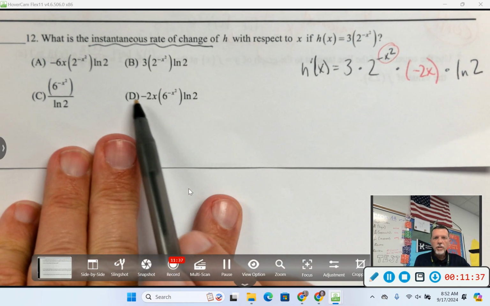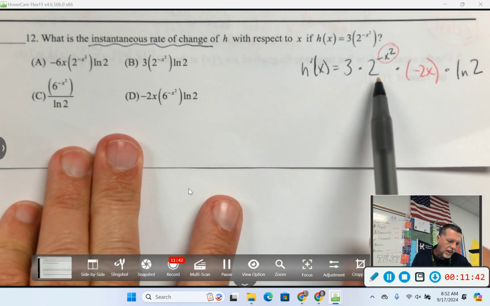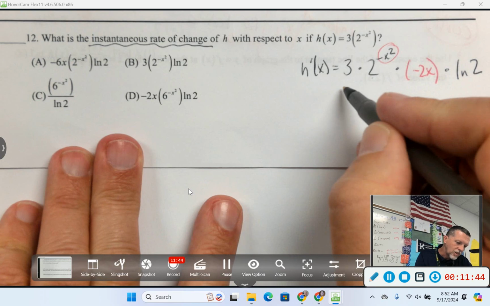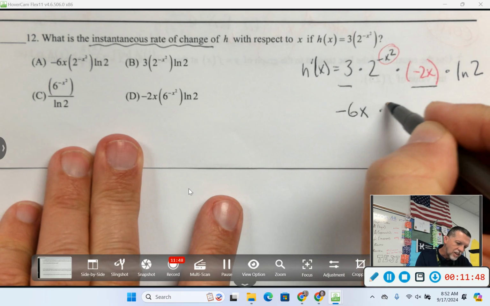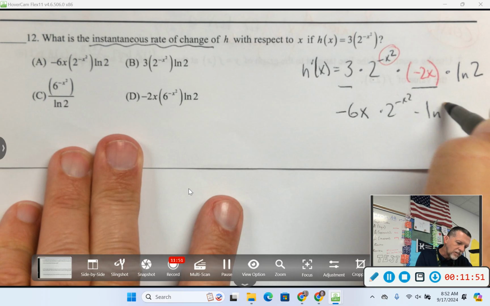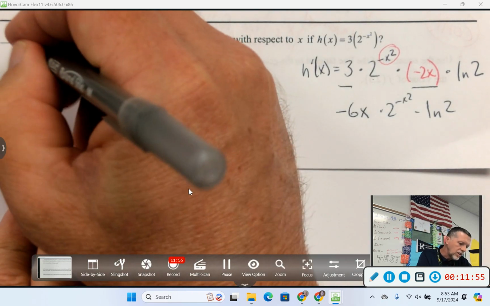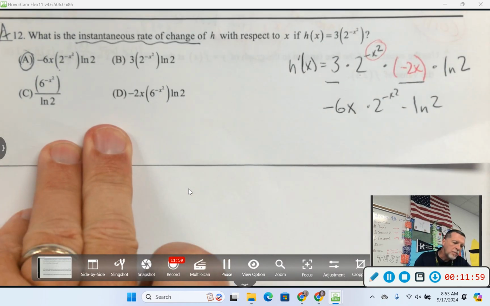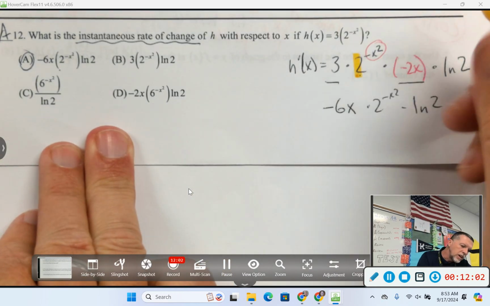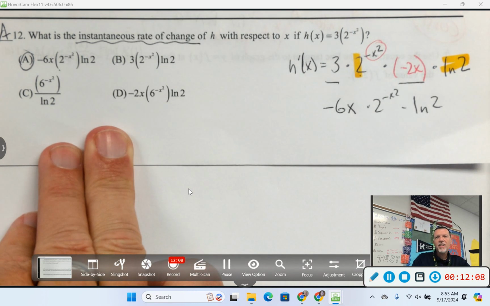So which one of those things matches all of that stuff? Can't multiply that by anything, so those two can make negative 6x. 2 to the negative x squared, natural log 2. There it is. Because my base, this was similar to the warm-up we did. If the base isn't e, then you have to adjust for that.